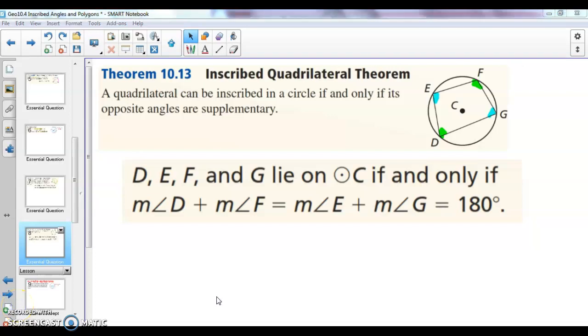So those are the important theorems for this lesson, and you will see another screencast later on showing you more examples on how to use these theorems in computation.